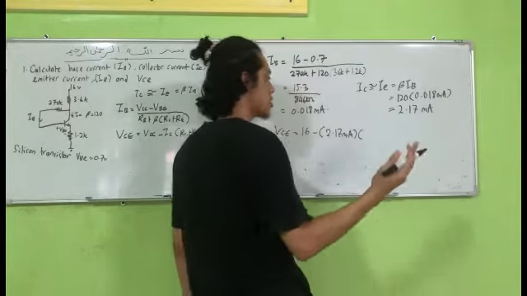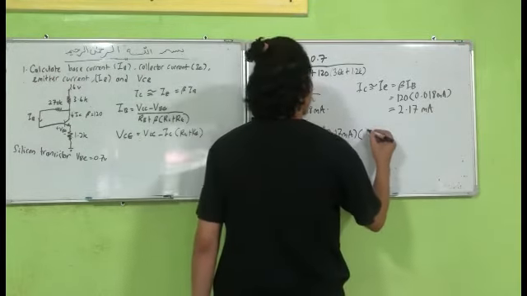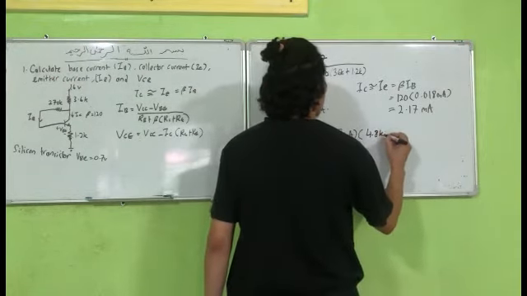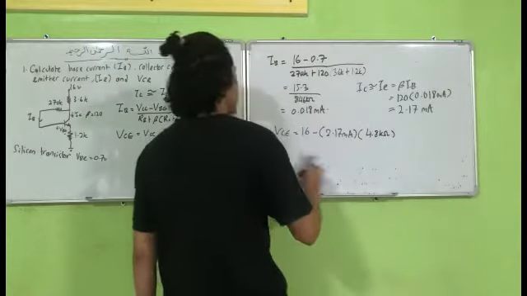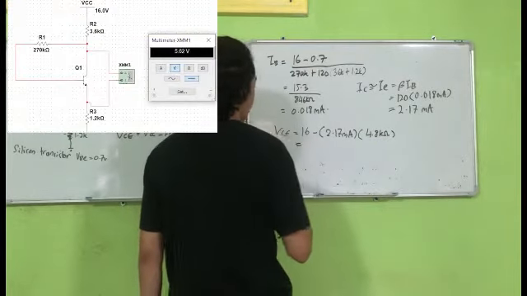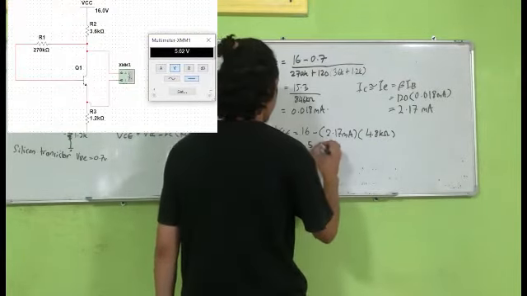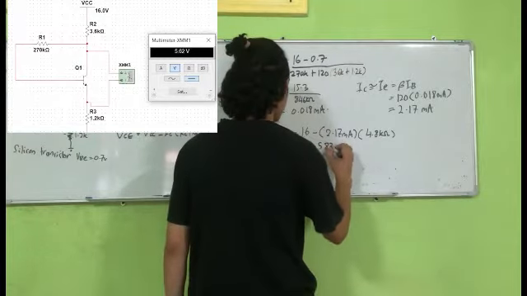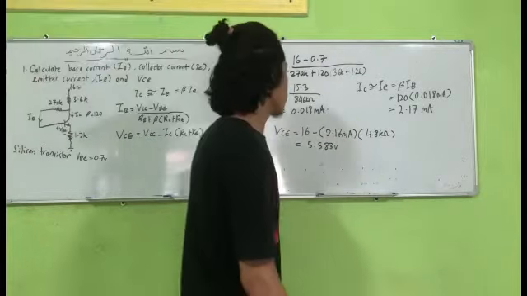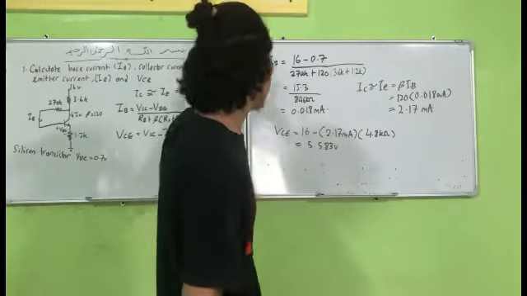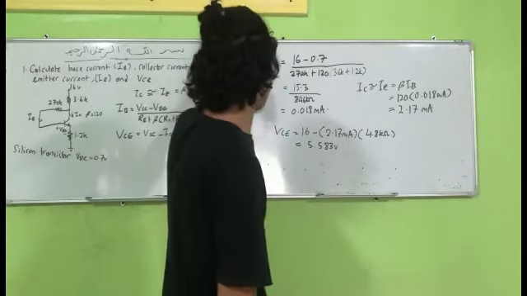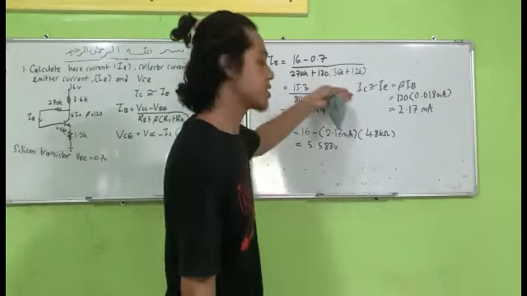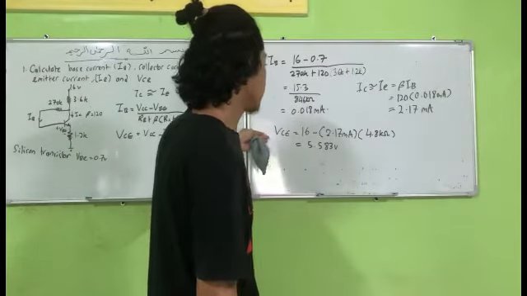The value of RC plus RE is 4.8 kilo ohm. So the value of VCE is 5.583 volt. So this is all the values that the question asks us to find: IB, IC and VCE.